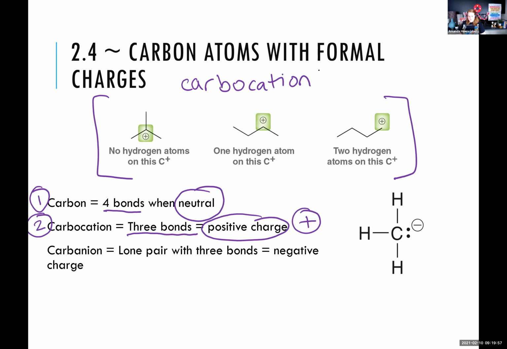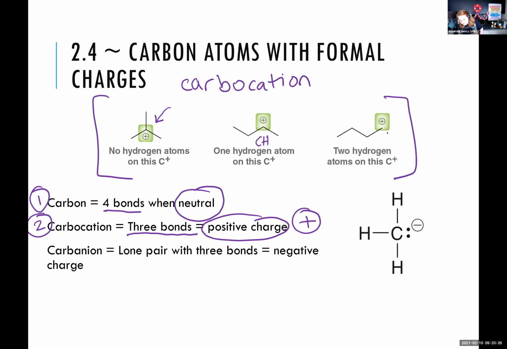This is giving us all of the different ways that can happen. In this first one, this is a carbon that doesn't have any hydrogens attached to it. It's bonded to three other carbons, positive charge. In the second example, this would be a CH because it's bonded to 2 other carbons, and that third bond would be a hydrogen.